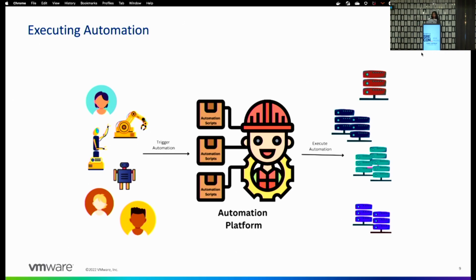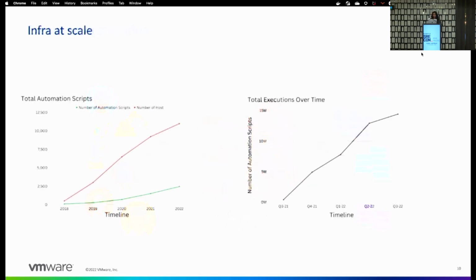So the automation platform supports this multi-cloud customer infrastructure, and it expects the automations also to work for a multi-cloud environment. And as Bharat told, this is the scale that we have. We have about 10,000 plus workloads running, and about 2,000 plus automations. And our executions are reaching up to 15 million.